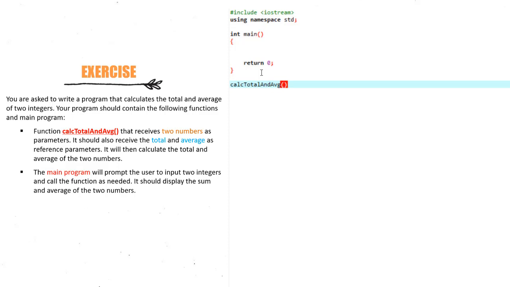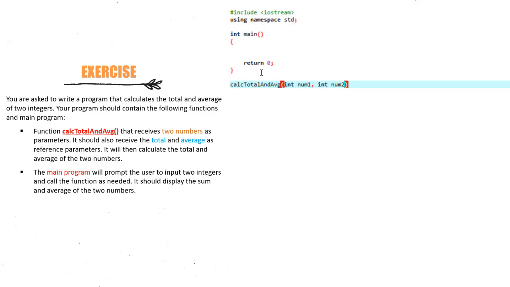Okay, so this function receives two numbers as parameters: num1 and num2. You should also receive the total and average as reference parameters.